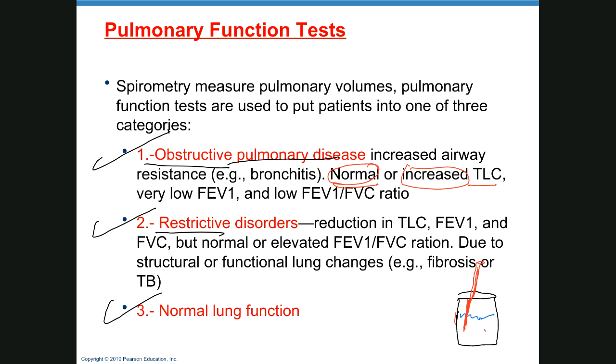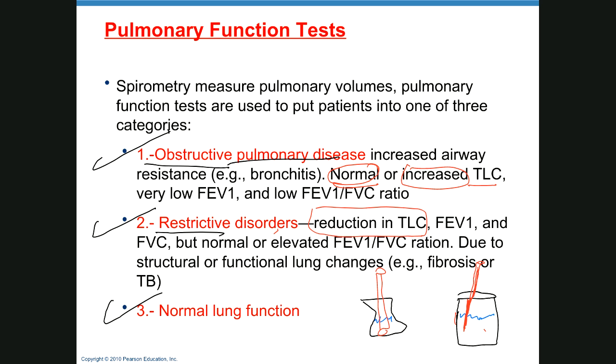In a restrictive disorder, now there's something wrong with the glass of water. So now there's something wrong with the lungs themselves, not with the straw. Because there's now something wrong with the lungs, we're going to have a reduction in the TLC, the total lung capacity.